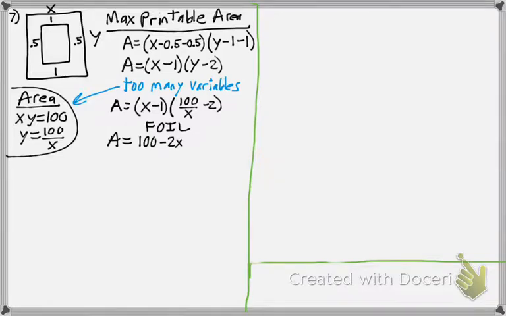Negative 1 times 100 over x is minus 100 over x. And then negative 2 times negative 1 is plus 2. So A is equal to, I'm going to call this negative 2x and minus 100 x to the negative 1. Instead of writing it as 100 over x, I'm writing it as x to the negative 1 plus 102.